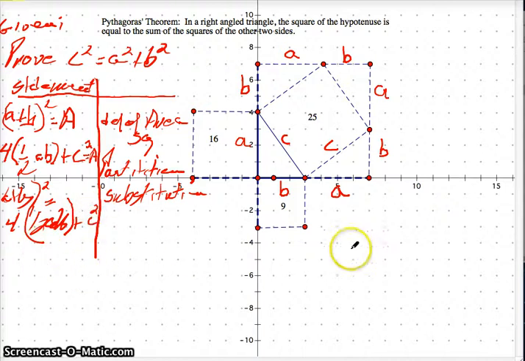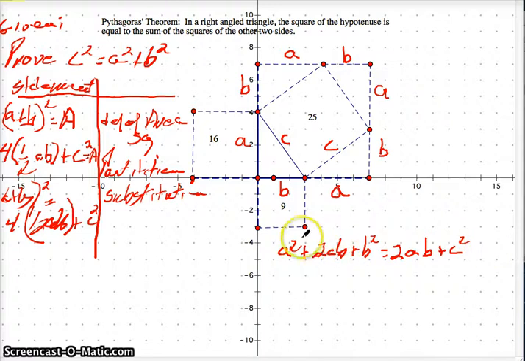Now I'm going to work this out. Let's expand this. A plus B squared is A squared plus 2AB plus B squared. And we know that's also equal to this over here, which is 4 times 1/2, which ends up being 2AB, plus C squared.